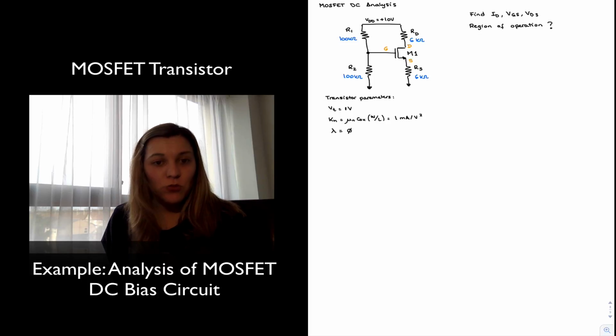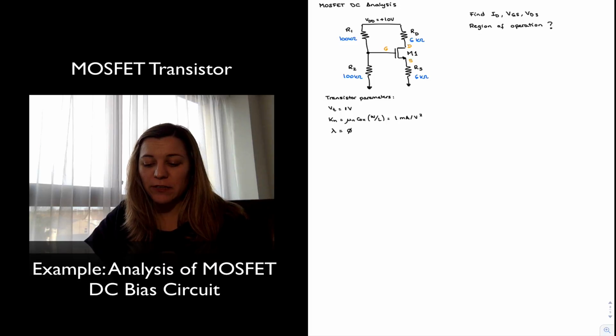We're going to assume that lambda is equal to 0, in other words, we're going to neglect channel length modulation effects. We are to find the DC values of the drain current, the gate to source voltage, the drain to source voltage, as well as the region of operation of the transistor.